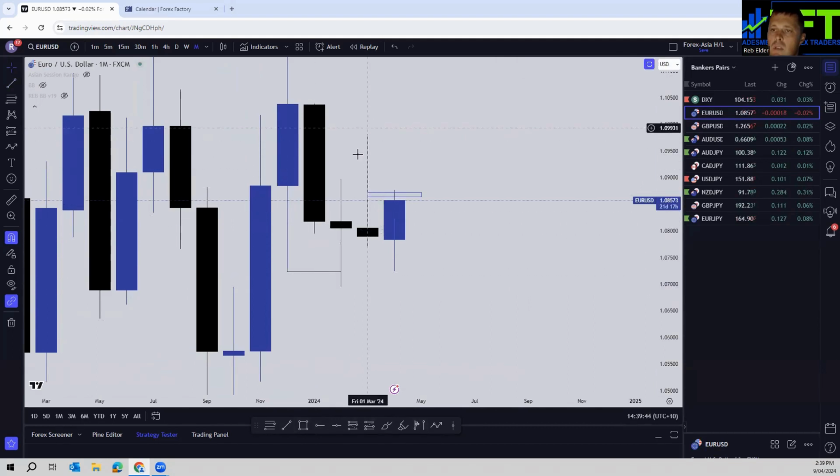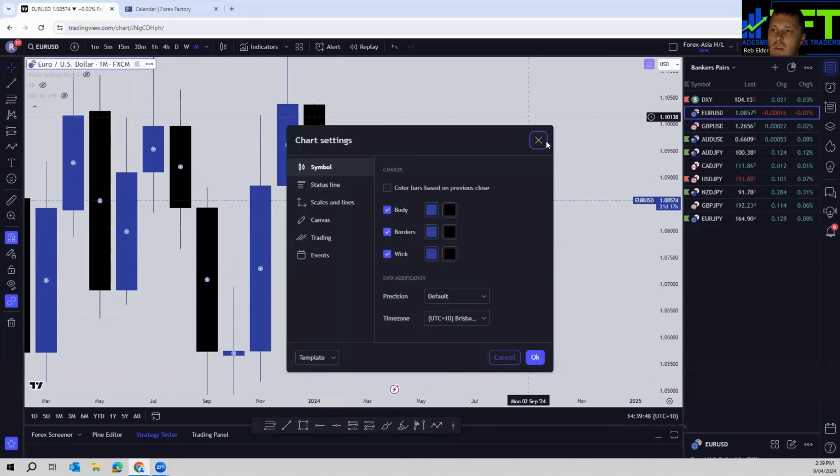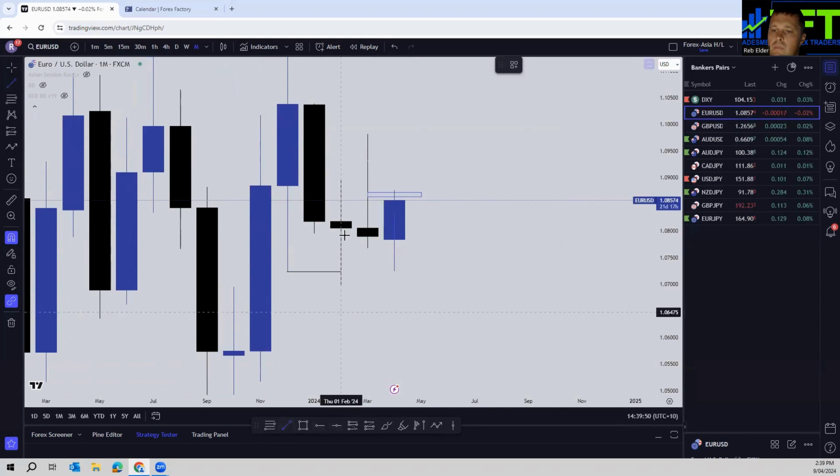We then closed, and this month came up and took out this high, and then we pulled back down, taking liquidity off there, and then coming back lower. And this current month that we're in has obviously pushed down. It's taken out the lows and is now starting to go higher.